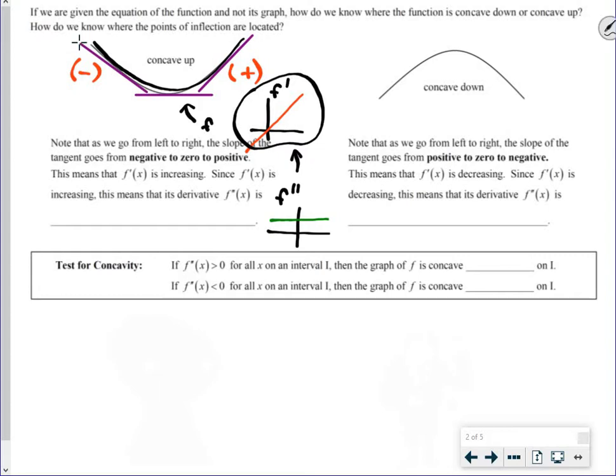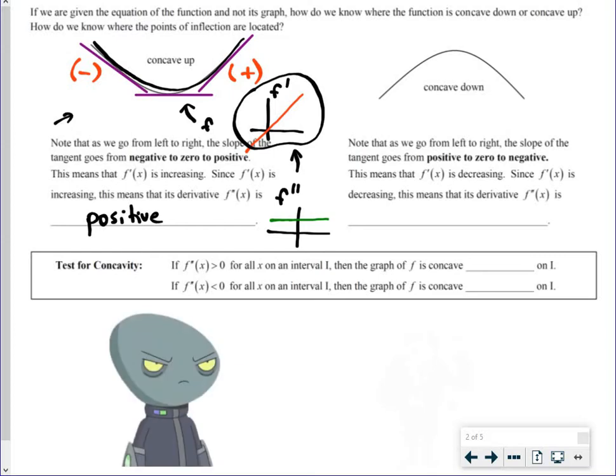So this means that f double prime is positive. I can't quite help but shake the fact that this looks like that guy, if any of you watch that show. But anyways, besides the point.